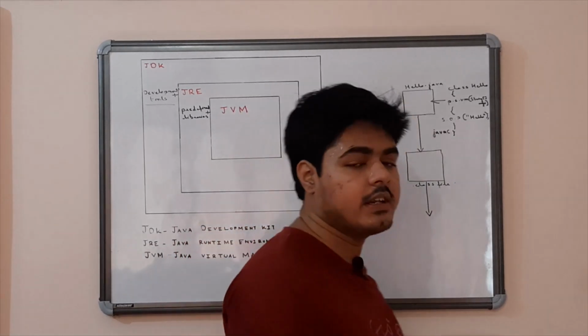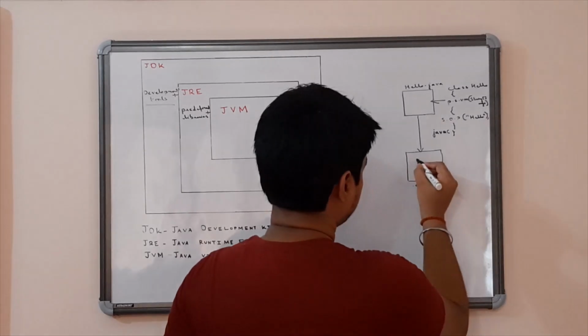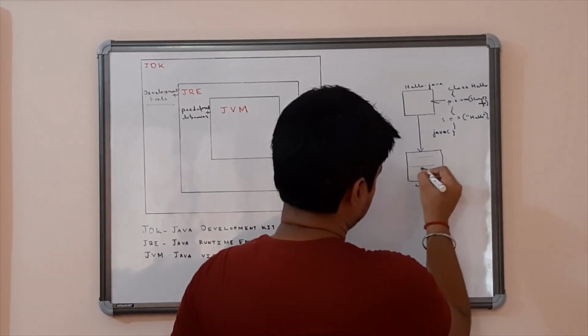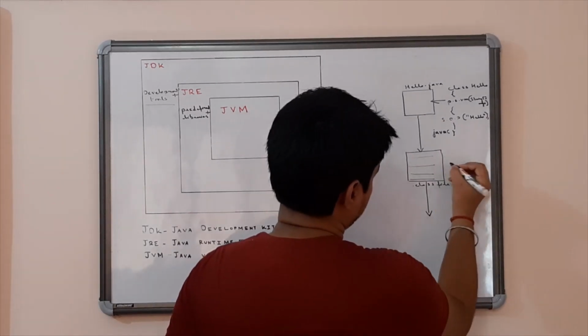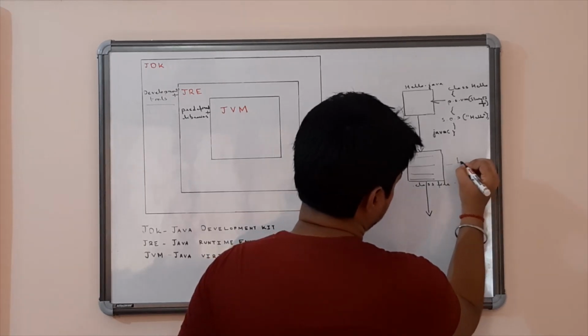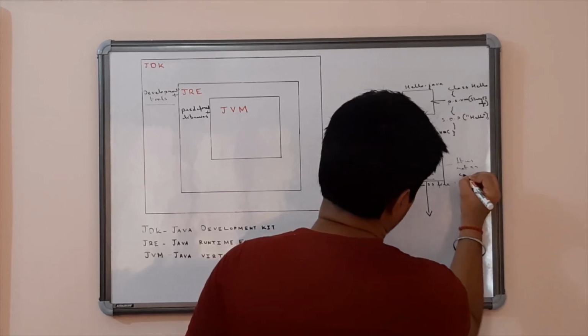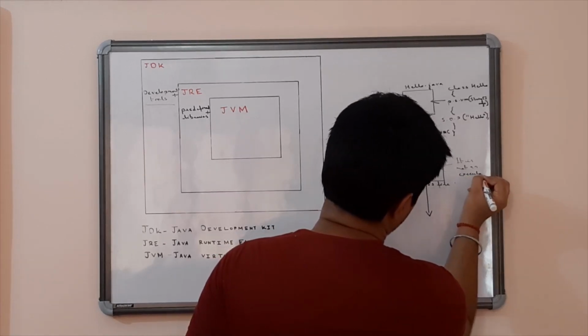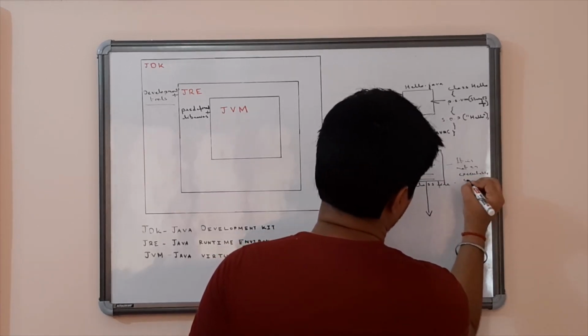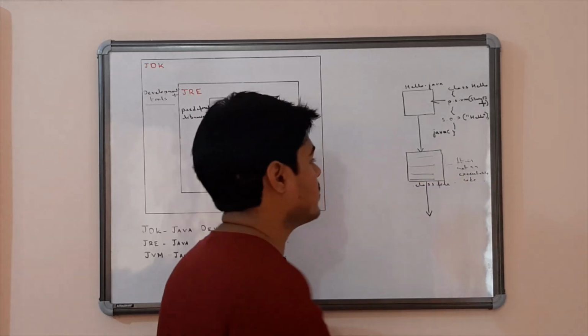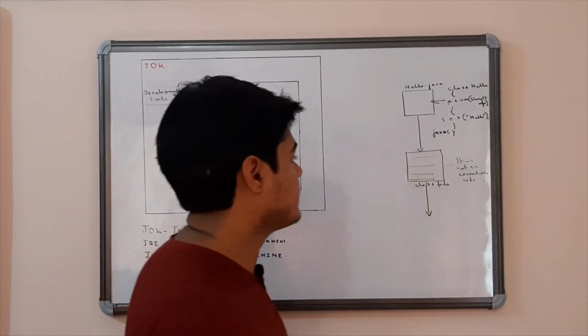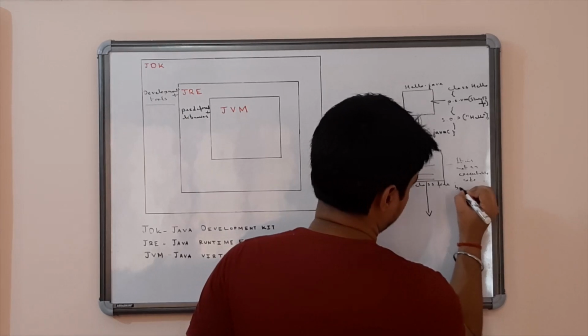Now the .class file contains mnemonics. It is not an executable code. The code present inside the .class file is known as bytecode.